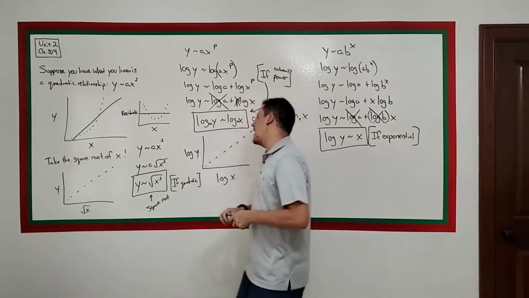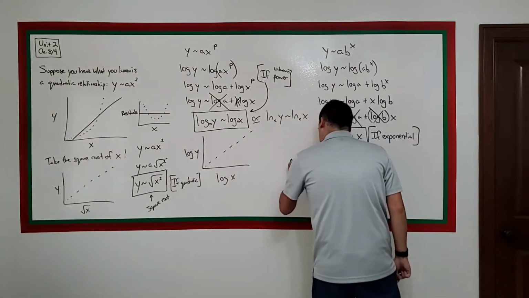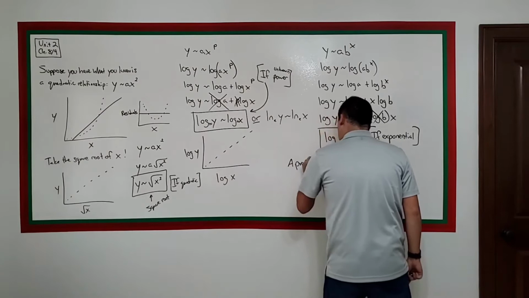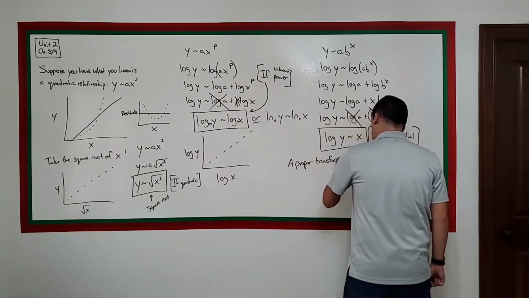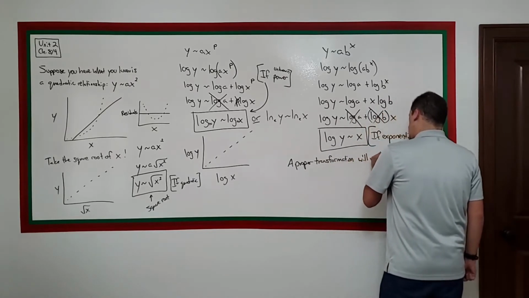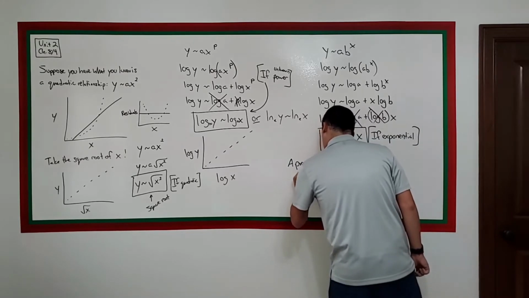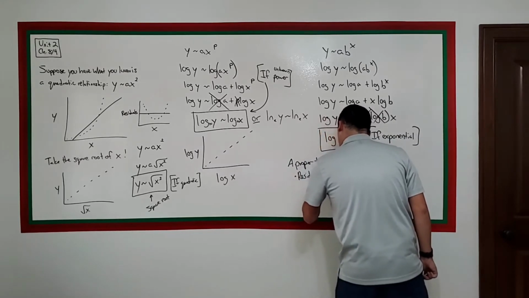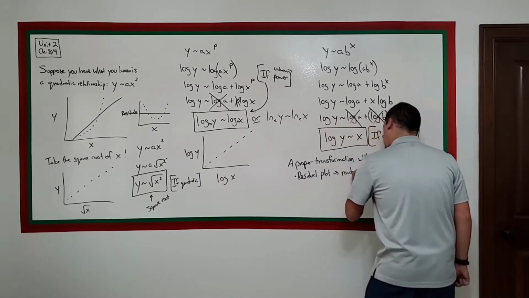Okay, that is absolutely number one. A good or a proper transformation will result in a residual plot with random scatter.